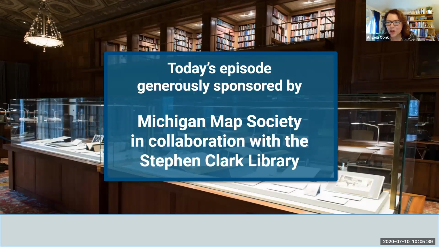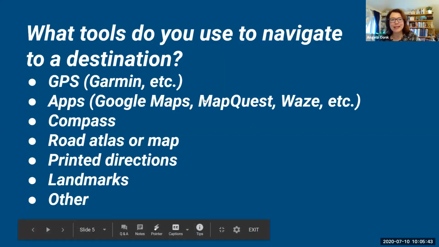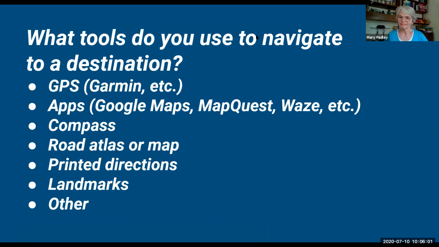All right, last call for the poll today. So if you haven't had a chance to participate, go ahead and click quickly, and I'll end the results. All right, let's see what we got. Share results. All right, so as I think we expected, the apps, Google Maps, MapQuest, Waze, they're leading right now in the primary way to navigate.